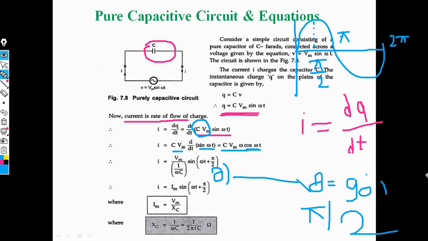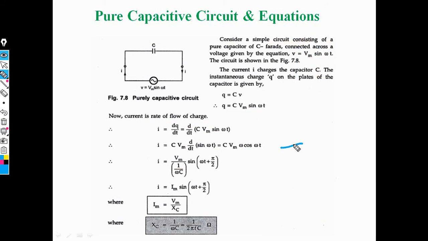So I equals Vm sin(omega t plus theta). For example, this is the waveform, this is pi and this is 2 pi, and the angle of 90 degrees is pi by 2. So I equals Im sin(omega t plus pi by 2). But the formula of I is equal to V by X.